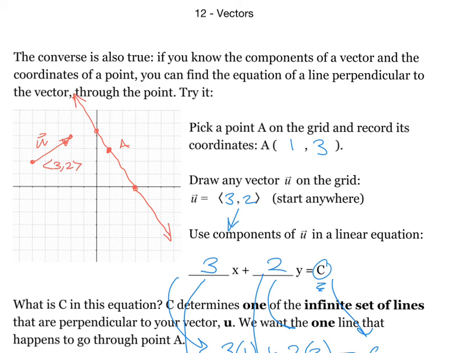And so the question is, just by eyeballing it, does it look like this line is perpendicular to the vector u? And it certainly looks like it is. A nice perpendicular relationship between vector u and that line.